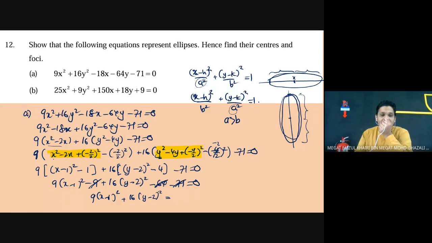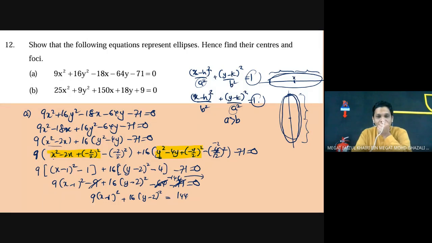So negative 9 minus 64 minus 71 is negative 144. Bring it to the other side, it becomes 144. Now look at this: the right side of the equation should be equal to 1.